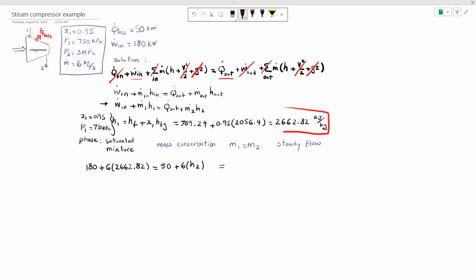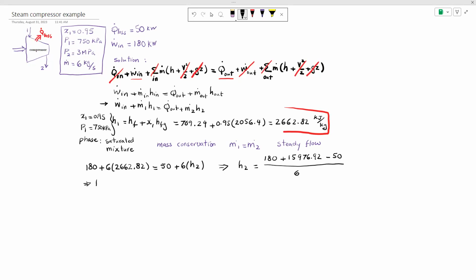So our H2 is going to be 180 plus 15,976.92 minus 50, all divided by 6.